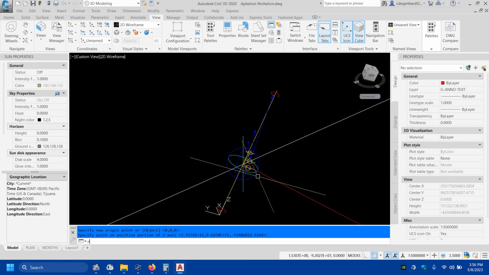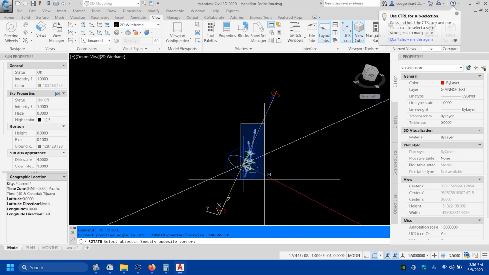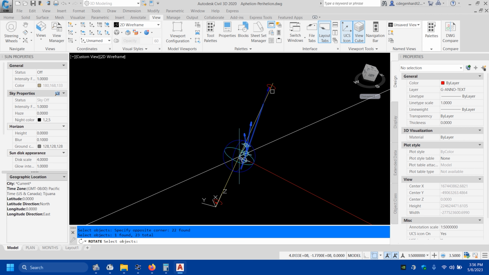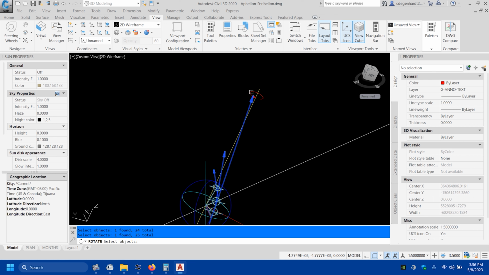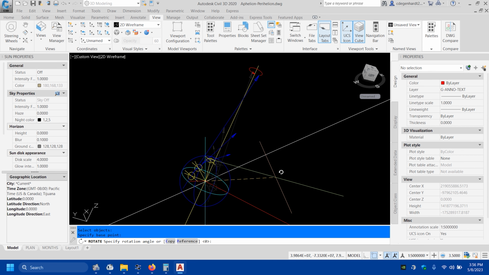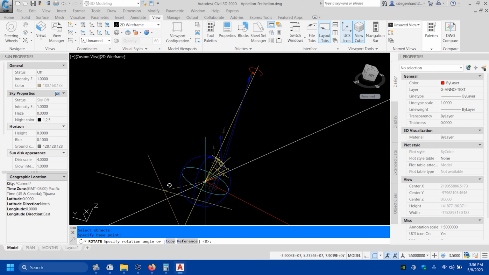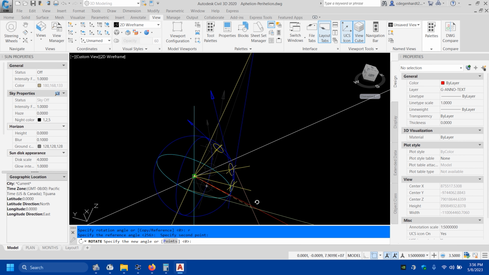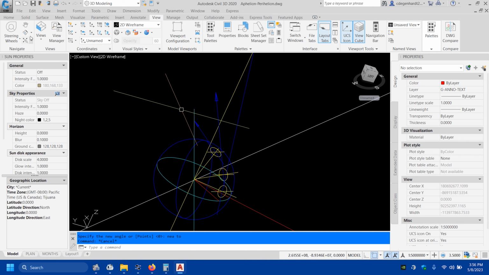Okay, now rotate. I think I grabbed everything. Now you can tell it's rotating along that yellow line. So I go reference. I hit this red line, and I'm going to line it to that line I just drew from the sun. So now it's at 180.